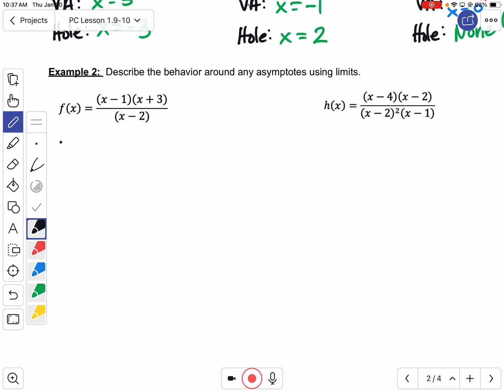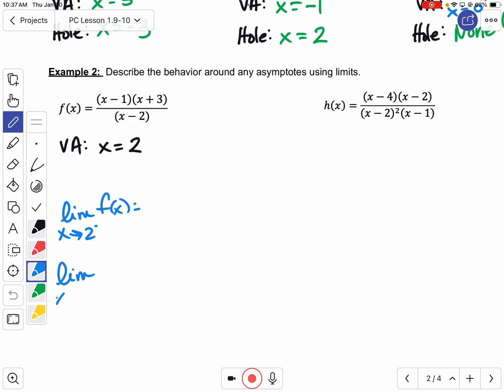At x equals 2. Okay, my vertical asymptote is at x equals 2. All right, so if we're going to describe the behavior around that asymptote, how many limits is it going to take? It takes 2. Okay, so the limit as x approaches 2 from the left, and the limit as x approaches 2 from the right.